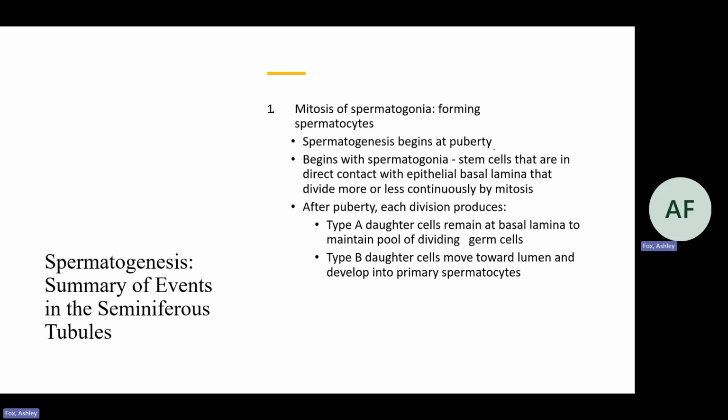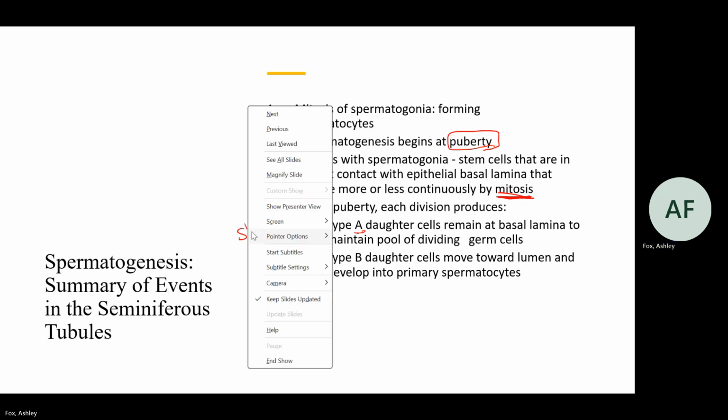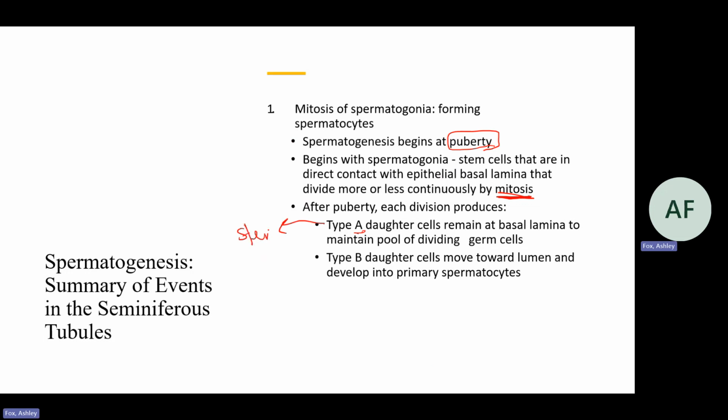Spermatogenesis, so making a sperm, is going to begin at puberty. And again, spermatogonia, which are the stem cells that are going to be on the bottom layer, are going to divide by mitosis, making copies of themselves, because again, we'll keep our supply of stem cells. After puberty, we have the type A daughter cells, which is going to stay a stem cell or stay a spermatogonia.